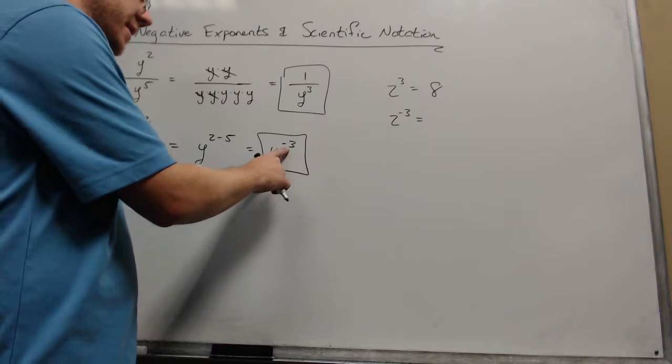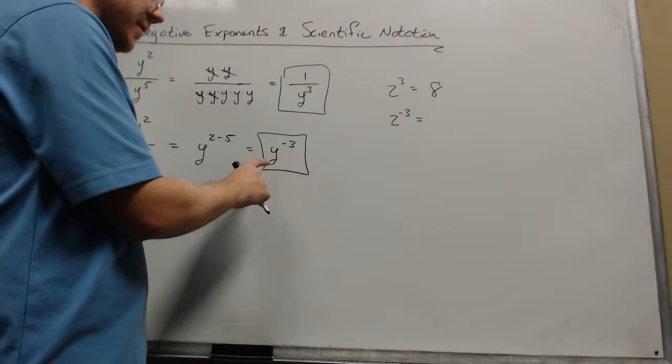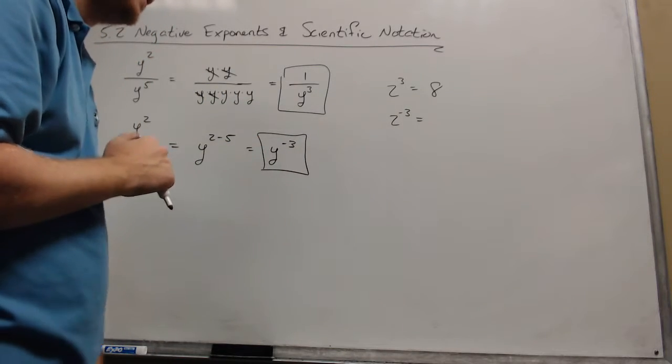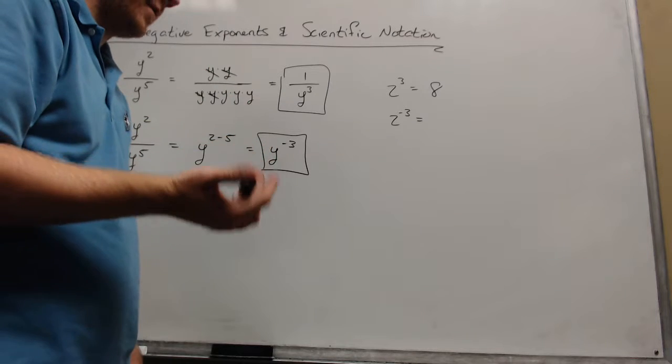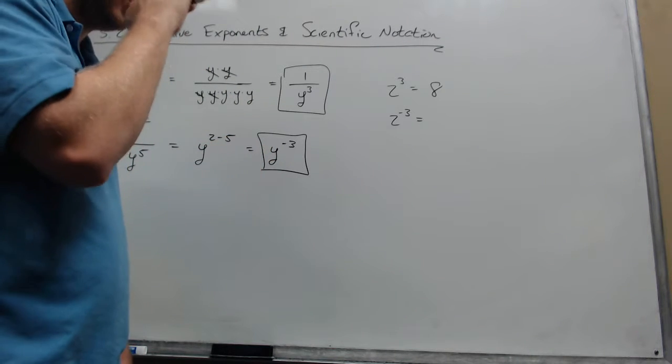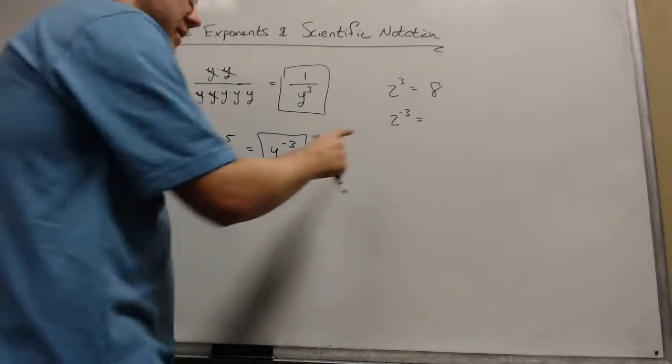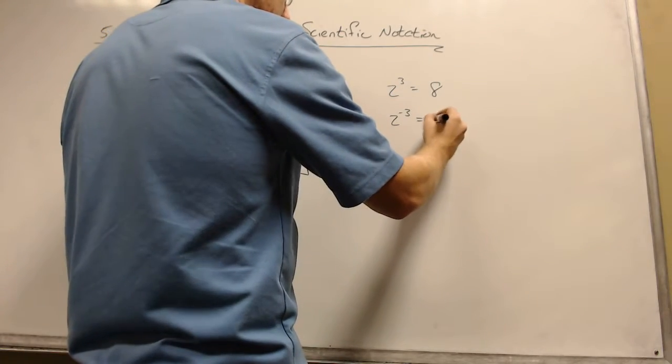This is not a very useful format, because trying to plug in a number and raise something to a negative power isn't an intuitive thought for us. It's something that we haven't used a lot or seen a lot, so we don't really quite know what it means. So this is hard to tell.